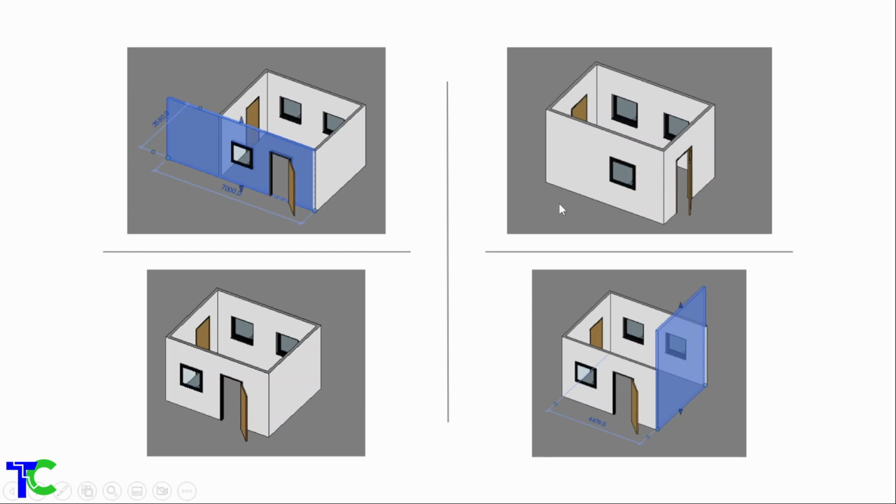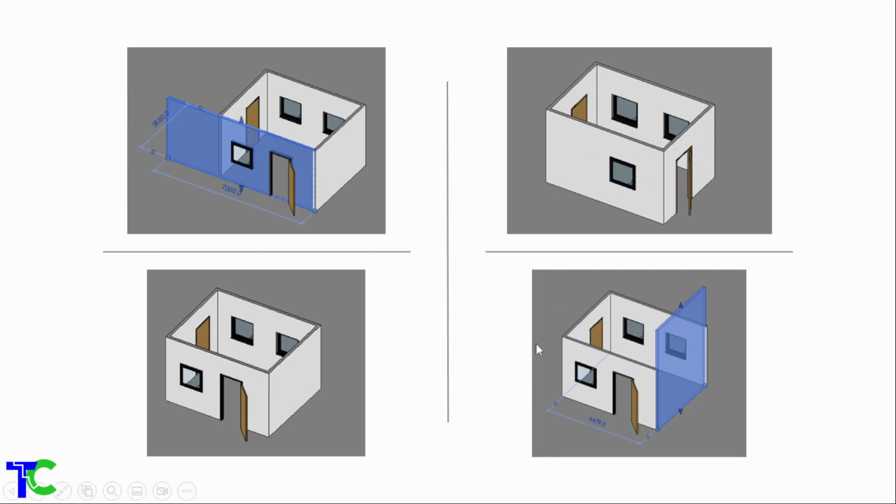Conversely, doors and windows must be placed on a wall host. Doors and windows will automatically cut a hole in that host and will automatically remain connected to that host wall.